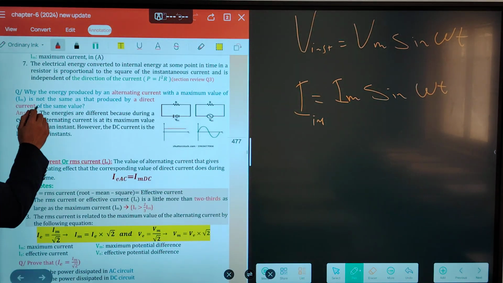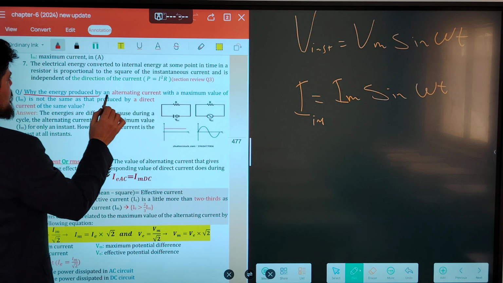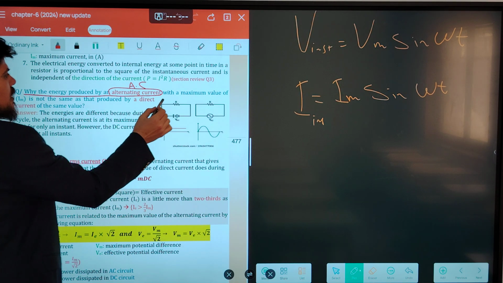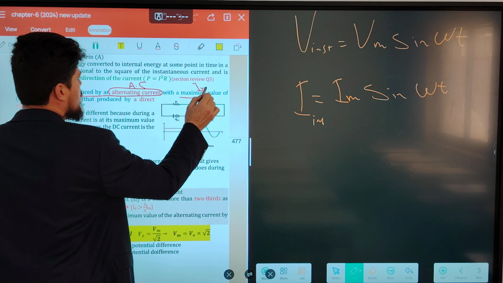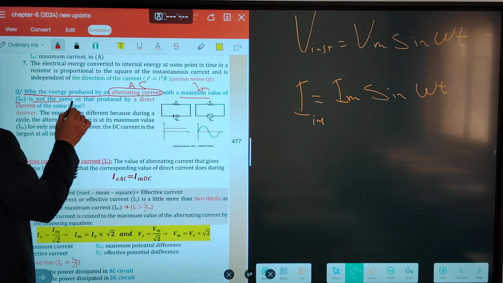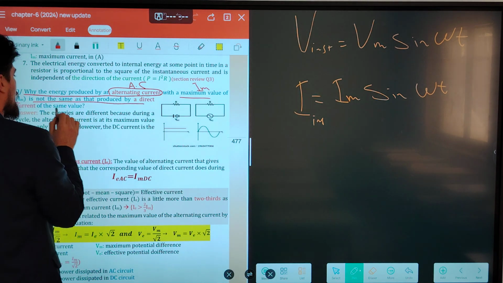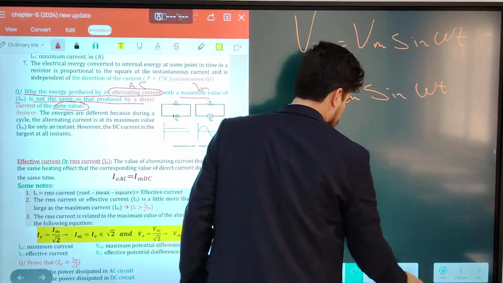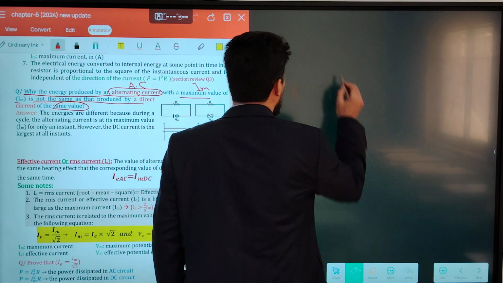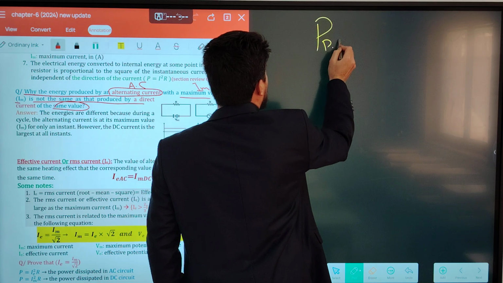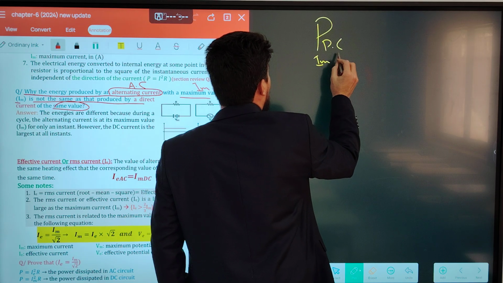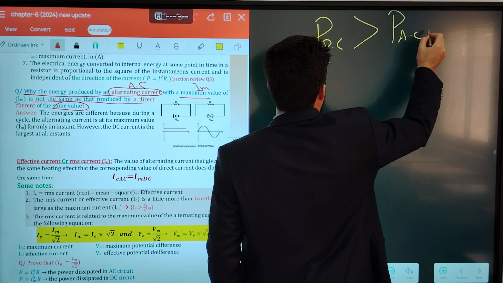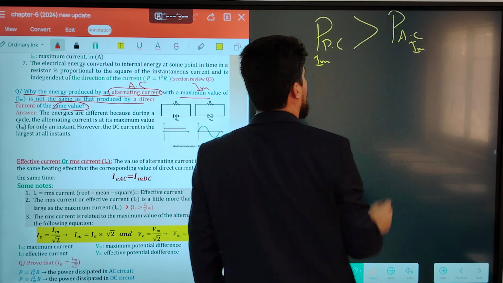Okay? Why is the energy produced by alternating current with the maximum value Im not the same as that produced by direct current with the same value? Why is the power of DC with the maximum value bigger than the power of AC with the same maximum value of the current?